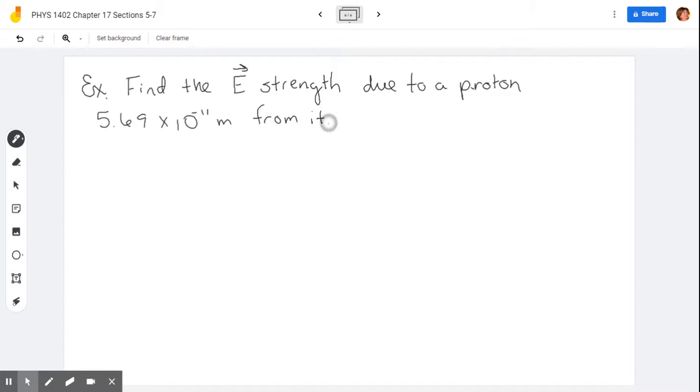That 5.29 times 10 to the negative 11, that's the Bohr radius. This is from the Bohr model of a hydrogen atom.